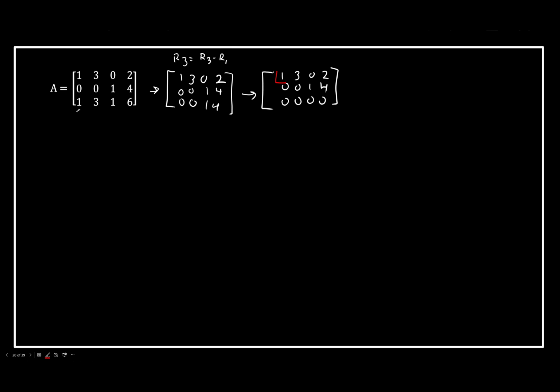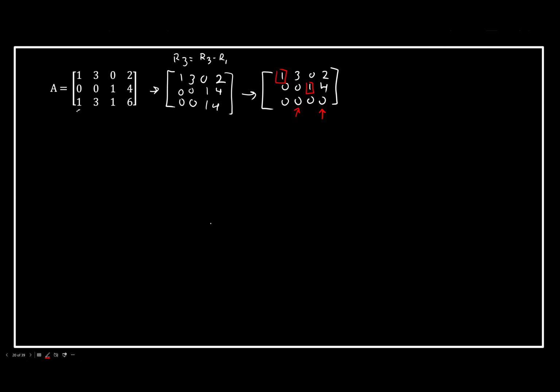Right, so we call these our pivots. Basically, it is the first non-zero number in every single row. Right, so starting from left to right, you move until you hit a number. And once you hit a number, that's your pivot. Does that make sense?